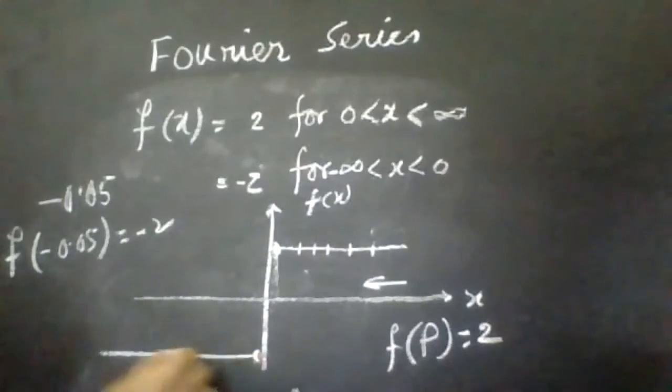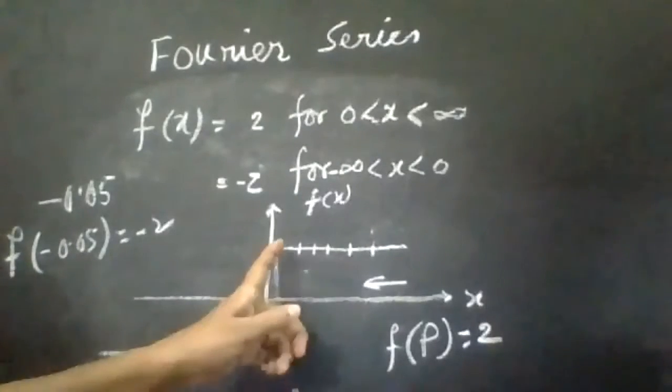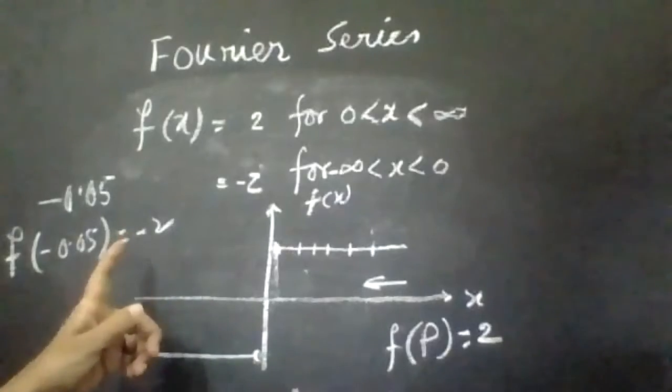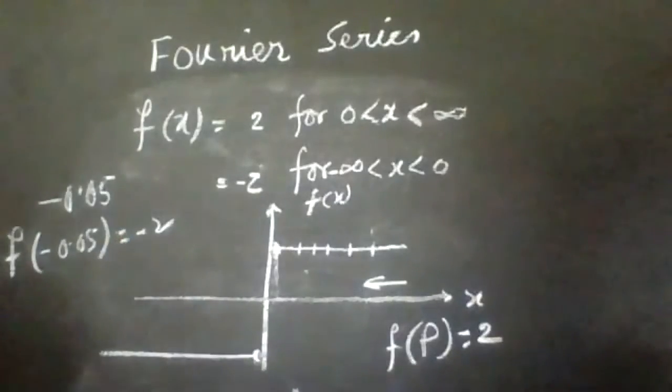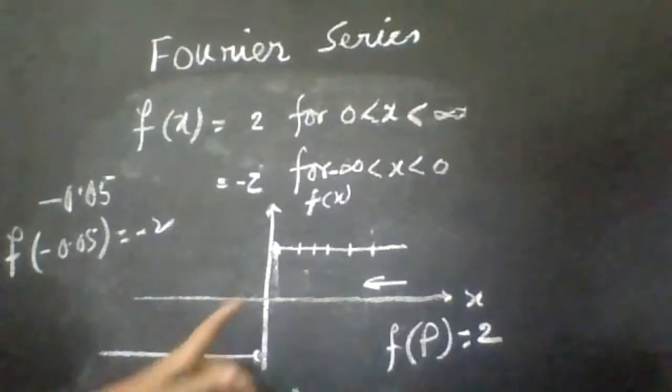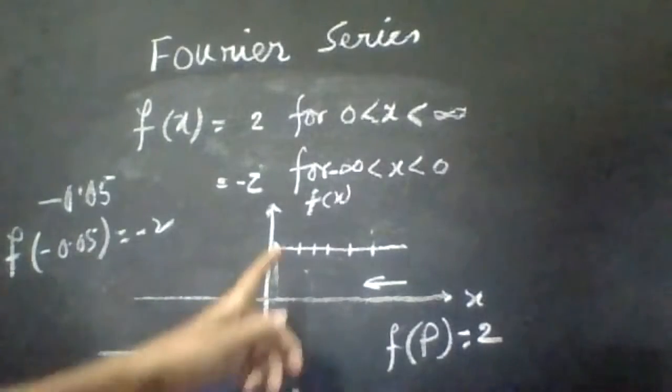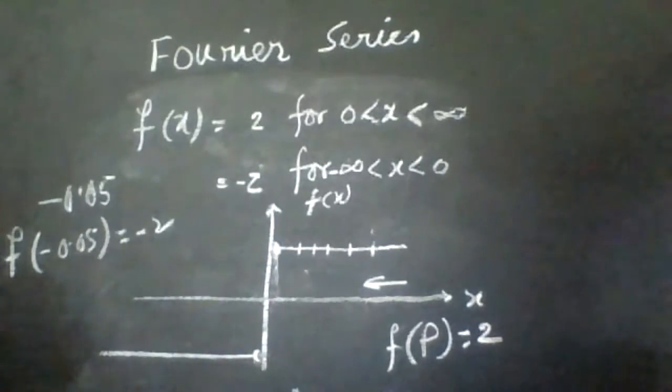So in this case it is a discontinuous graph, and you can see that the left hand limit and right hand limit, the difference is 4. So in this case you can see that it is discontinuous, but it has a finite discontinuity.